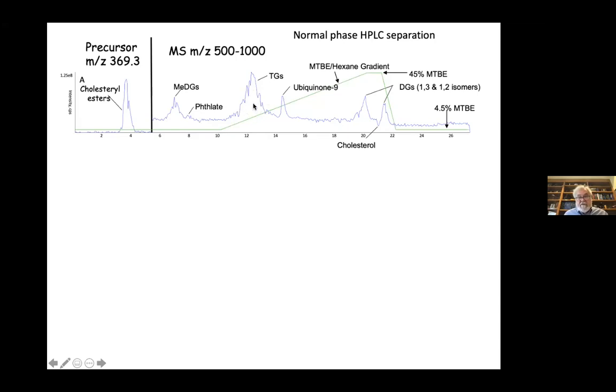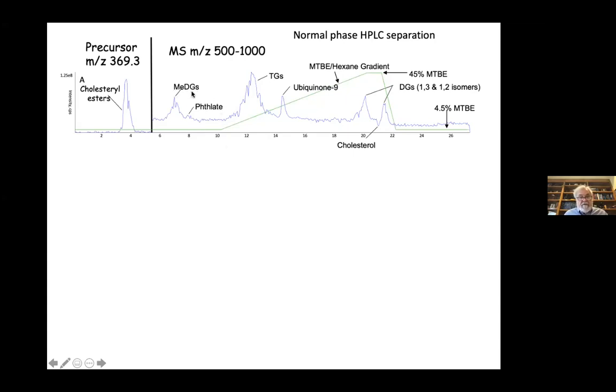There's some separation of species. And then here we have the diglycerides and then some ion suppression because cholesterol is coming off at this point here, and monoglycerides even later. You get a few free lipid type molecules. You get a prenol lipid, ubiquinone-9, which is present in the sample, and you get, of course, contaminants like phthalates coming off.